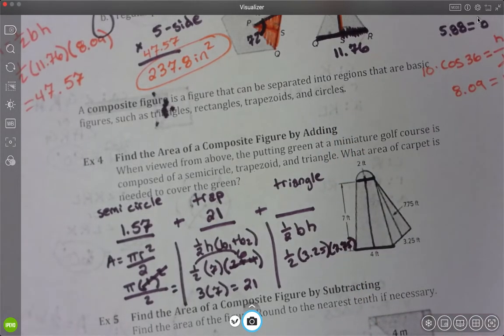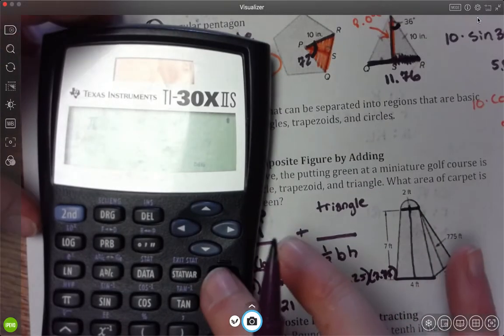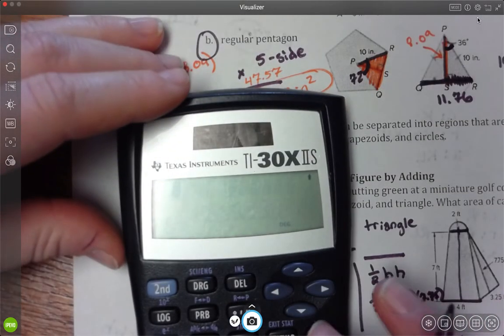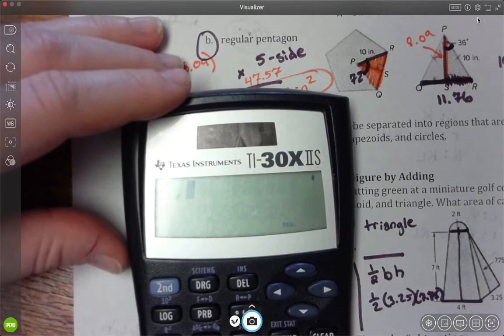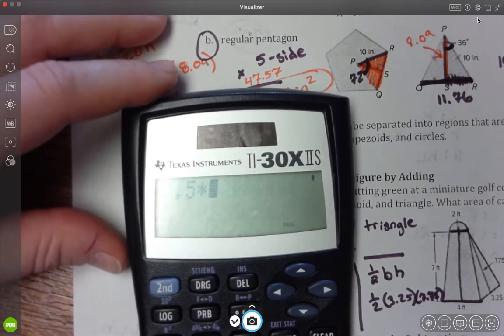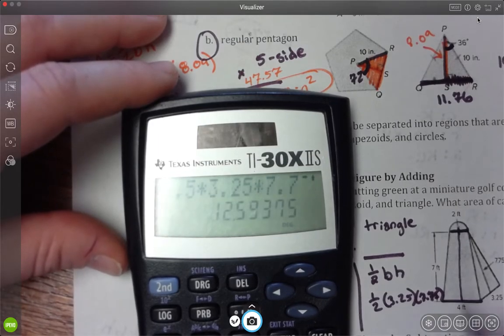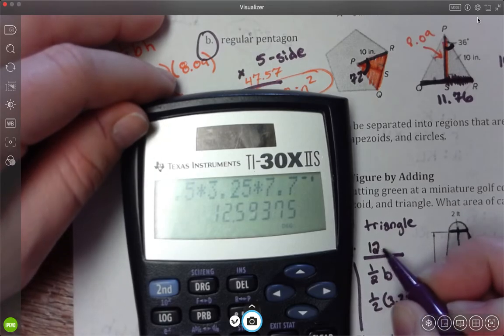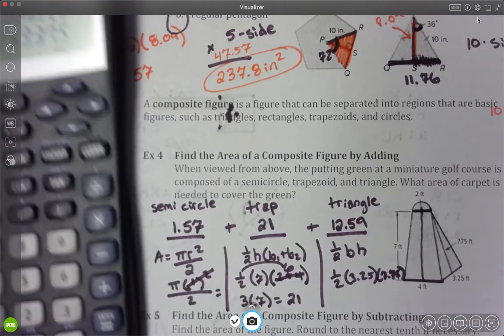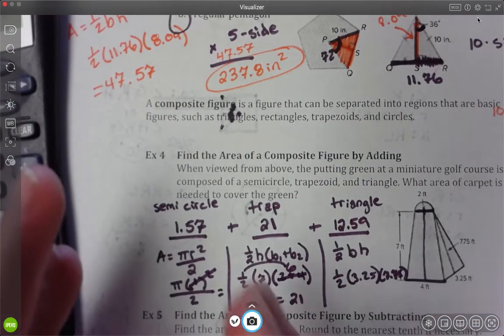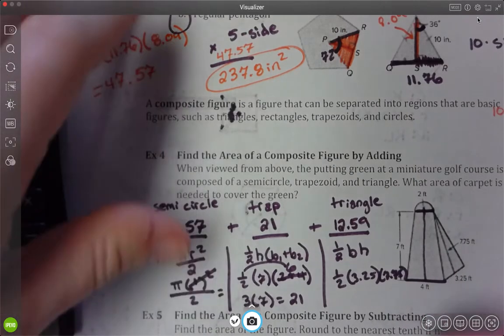Okay, all right, I'm going to do this one on my calculator because I can't do decimals very well in my head. But half I'm going to write as 0.5 times 3.25 times 7.75. That one, his area is 12.59.